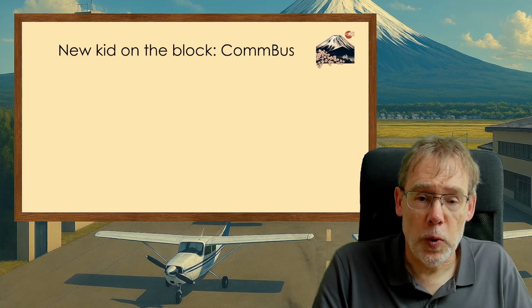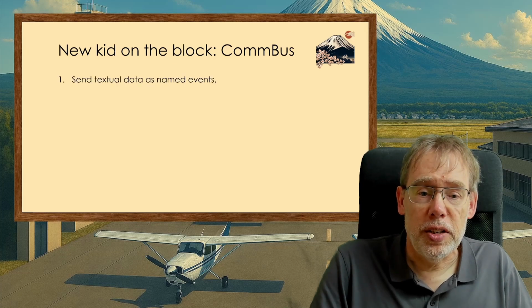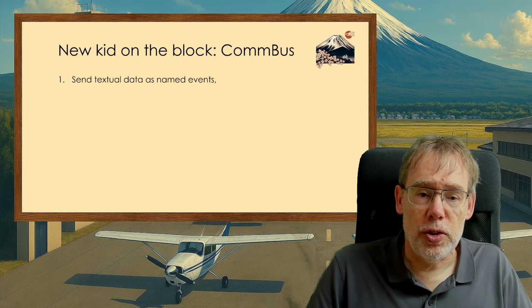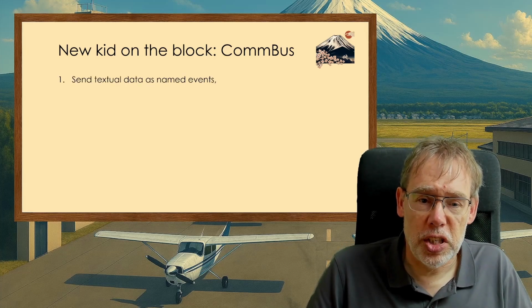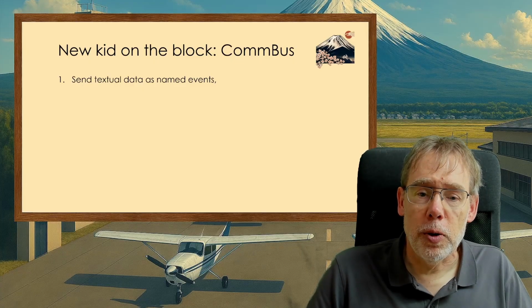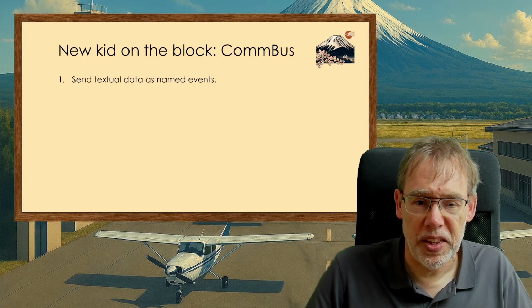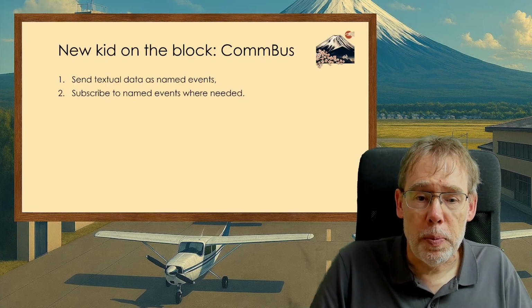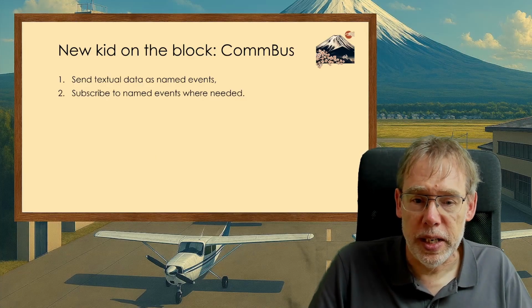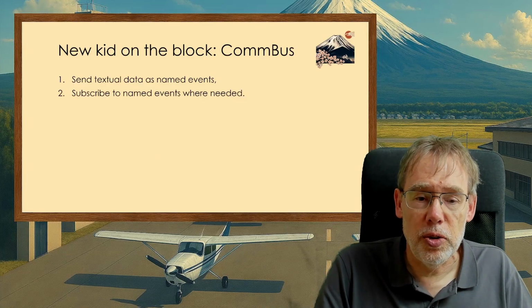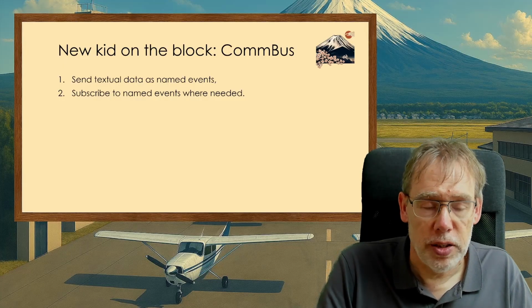And that is what this new communications bus is all about. You can send data, but now it's always formatted as textual data, and it becomes a so-called named event. So it becomes an event with a name. You subscribe to named events where needed, and that gives you the data only when it is sent.